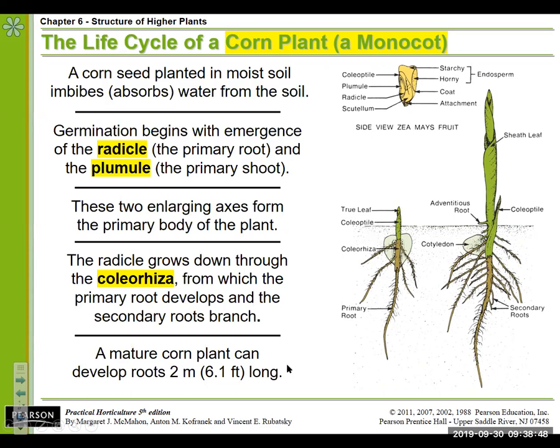And of course, the above ground part of the plant can be anywhere from, I've seen some short corn varieties, 3 feet or so, all the way up to some corn varieties getting up to about 12 feet. So quite a substantial root system, as well as a large plant above ground.